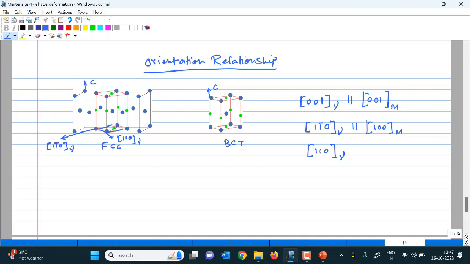That is parallel to 0 1 0 of Martensite, which is here, right? So this is due to the bend distortion. So this is basically the bend orientation that we are talking about.